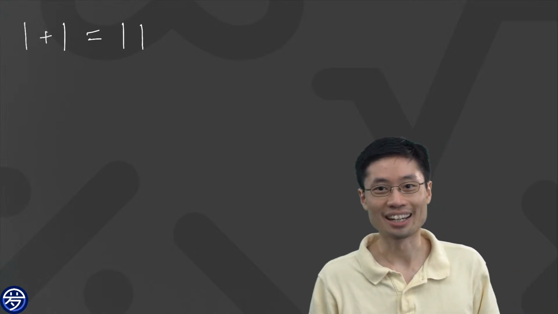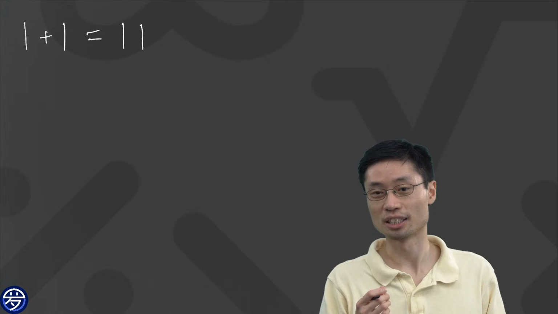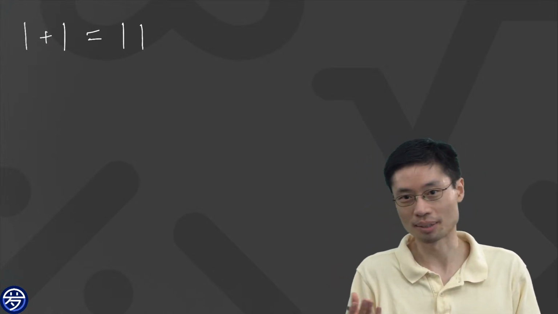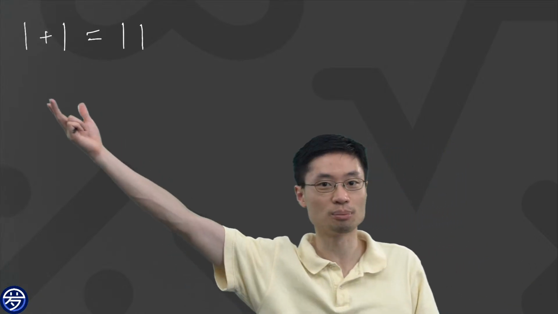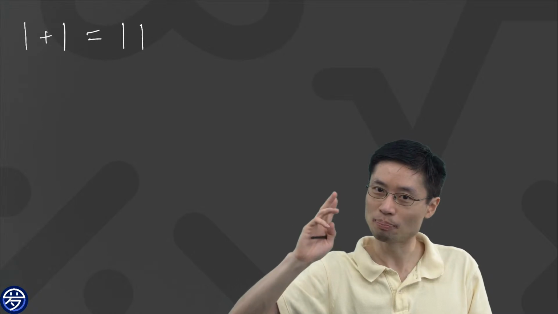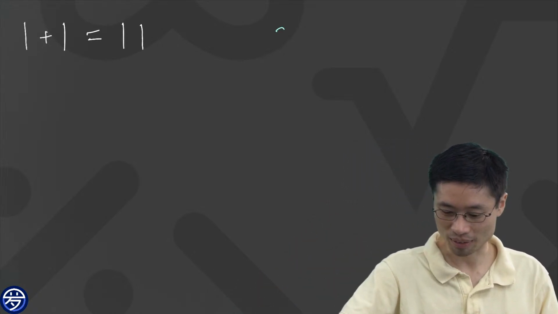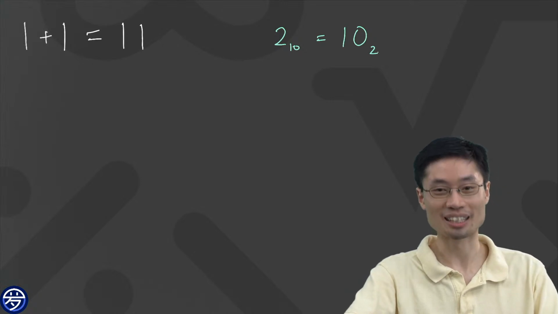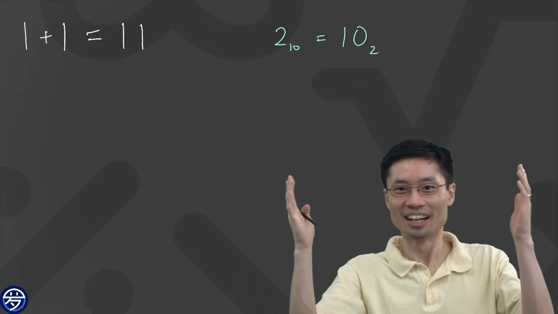So I think the only thing I can say here is I was at first trying to guess, is it a different base that you're talking about? Because sometimes you could say I work in a different base, and if I work in a different base, the answer should be 2, but unfortunately there's not another base that you can use. When it's base 2, you know how you write 2? 2 in base 10 is 1, 0 in base 2.